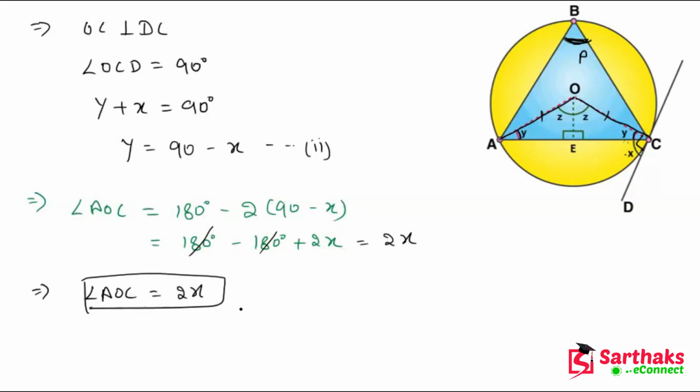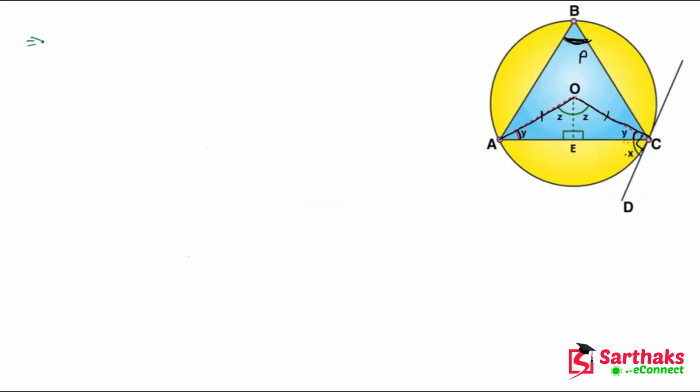I hope you get this point. By the theorem, we can say that this angle is twice this angle, so angle AOC is equal to twice angle ABC. We will see this theorem later in this lecture, and we will also prove it.